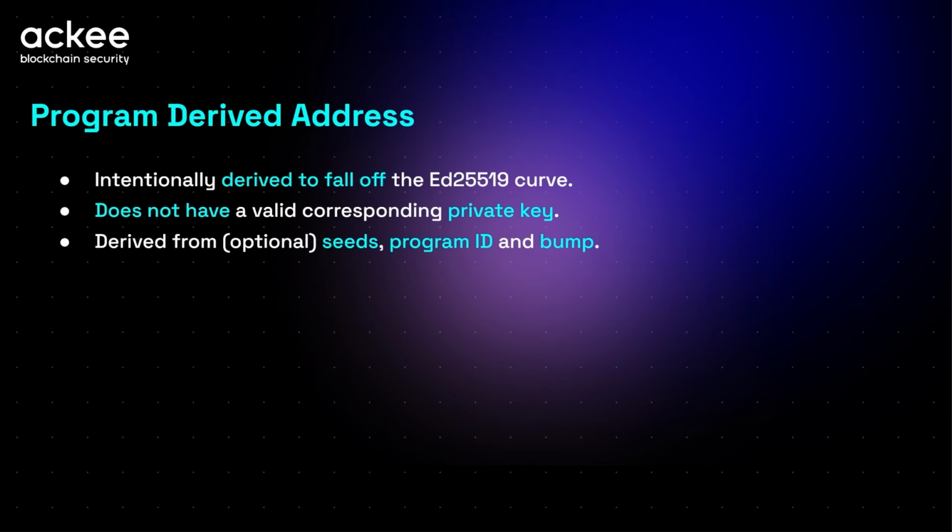It is derived from seeds, program ID, and bump. You will see for the cross program invocation part that the program ID is really important in order to create the signatures during cross program invocations. And you will also see why the bump is important. Yeah, and the seeds are optional, so the seeds field can also be empty.